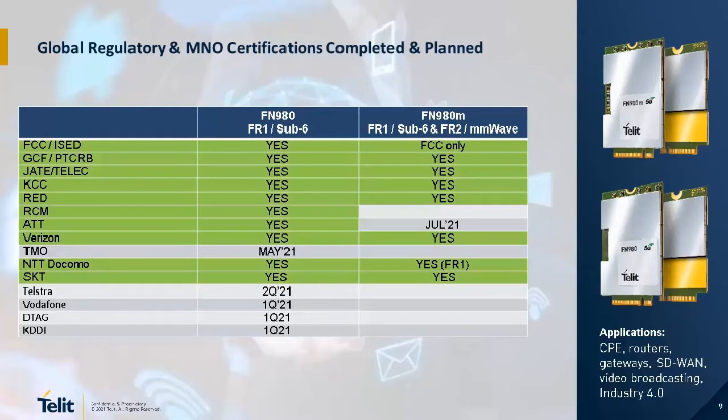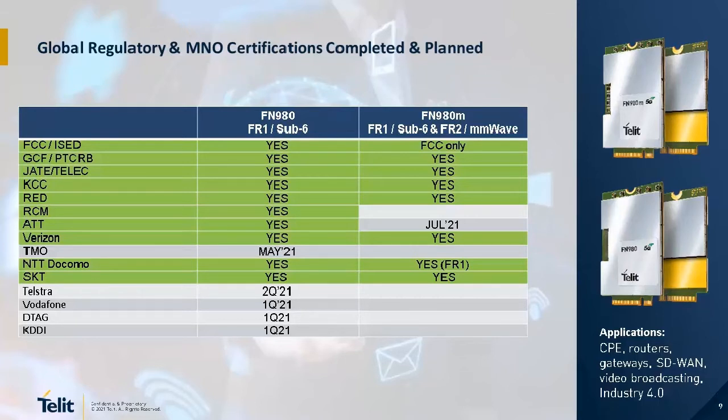And as you go through matching up your timeline with the government regulatory and the carrier certifications for the modules, you also need to be considering the changes in the testing for end devices. For instance, in millimeter wave, the end device now has to be tested at the end device level, and that's a new change.